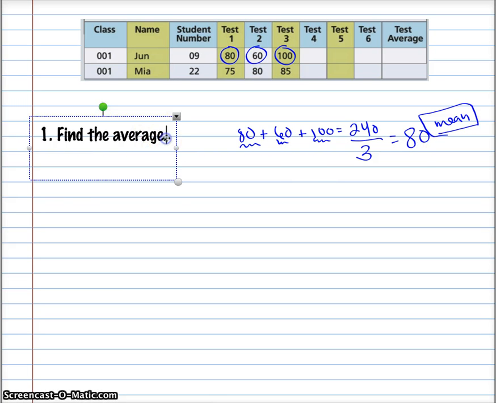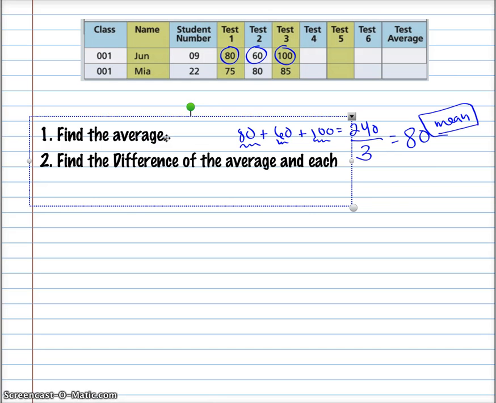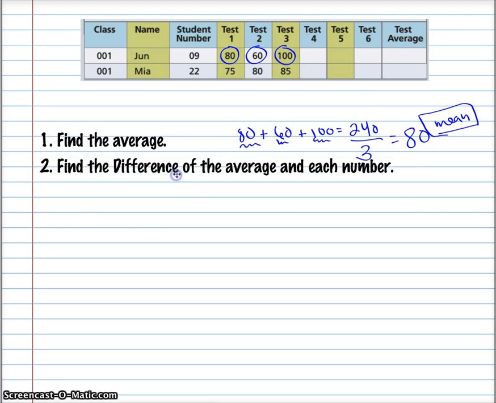The next thing we're going to need to do is find the difference of the average and each number. Now it sounds confusing, but it really isn't.